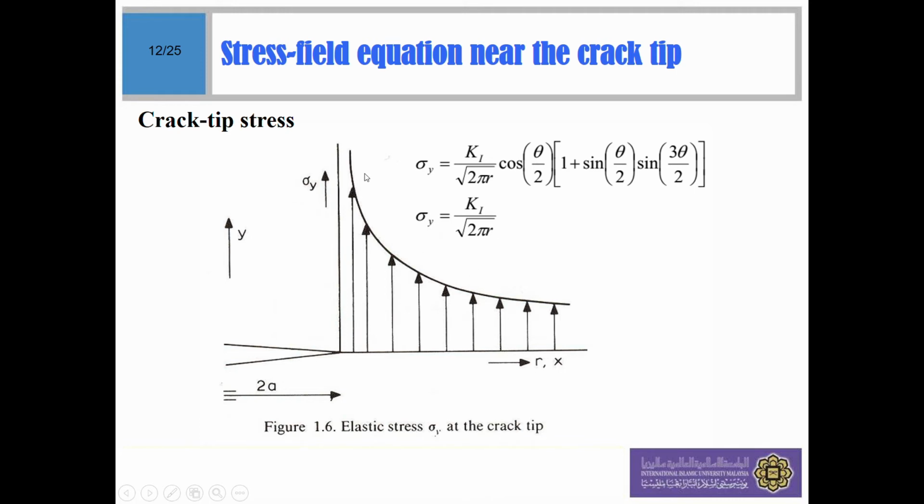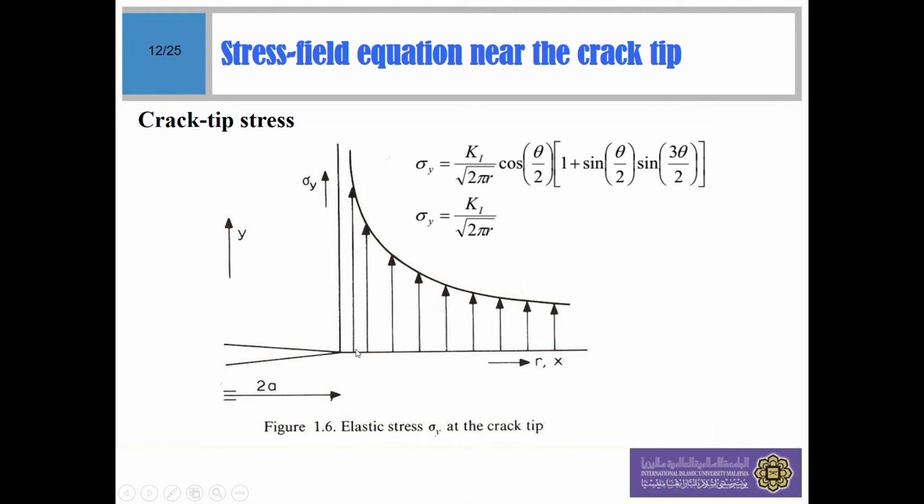It can be determined by using this equation: sigma y equals K1 divided by square root of 2 pi r. Here r means the distance of the point that you want to measure with respect to the origin of the crack tip.